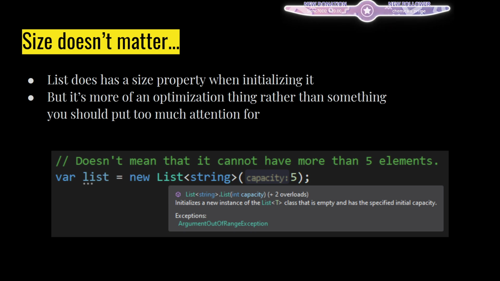This, however, is micro-tuning, micro-optimization, and I don't remember the last time I cared about this. But it's just a nice thing to know. This doesn't mean that the list cannot have more than 5 or less than 5 elements. That just means that it will have some optimizations, that it will have a size which is more optimal for 5 or less elements.